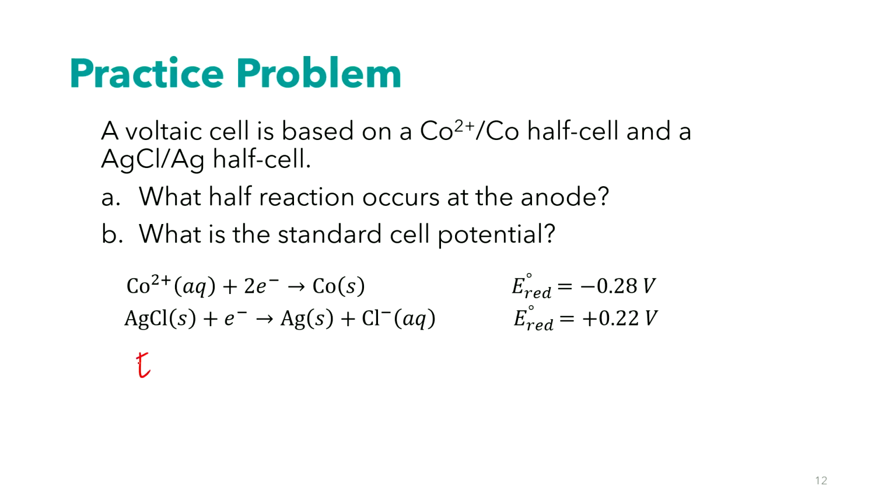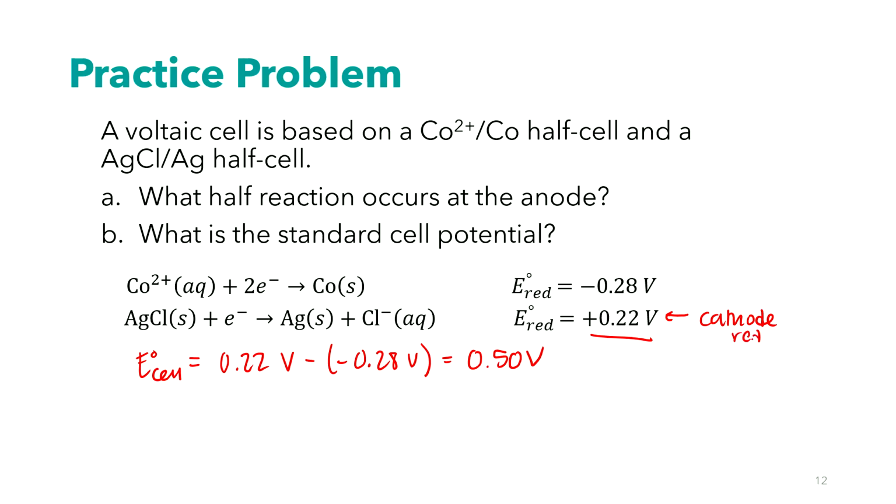that you're calculating a positive standard cell potential. So I need my more positive value, so that's going to be my silver chloride half cell minus a negative 0.28 volts. So I should have a standard cell potential of 0.5 volts, which means that my silver chloride was my cathode.